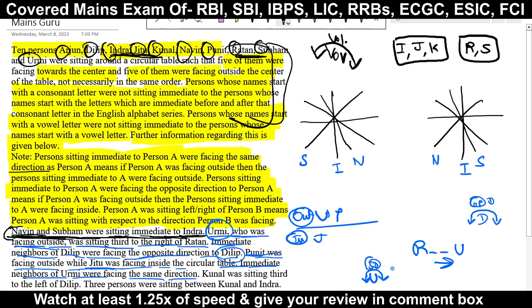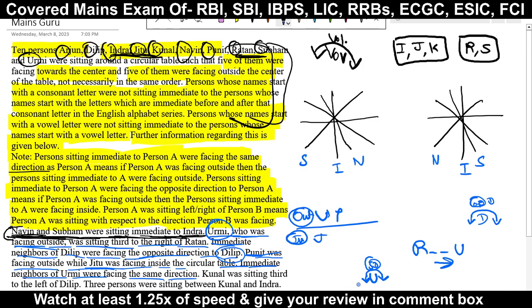If you have seen my earlier videos, I have clearly told you that I write SD for same direction. Sorry, here it is OD, not OP. It was looking like OP, but it is OD. So OD means opposite direction, SD means same direction.